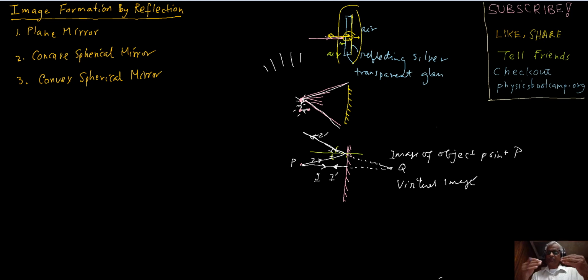If the rays were meeting, then it would be a real image. And you will see that in a concave spherical mirror, there will be situations in which you will get a real image.